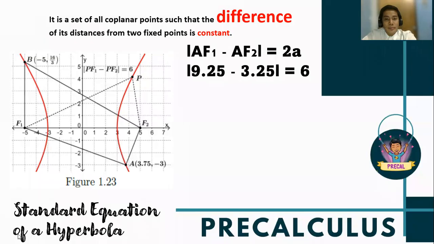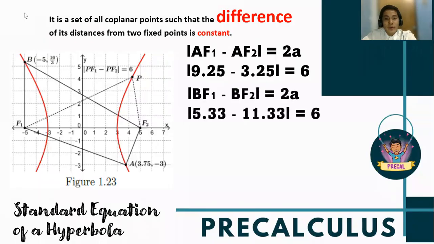Let's have another point. Suppose that we form the distances from point F sub 1 going to point B and F sub 2 going to point B. That would be the absolute value of B F sub 1 minus the absolute value of B F sub 2. The distance here is 5.33, as you notice, minus 11.33.